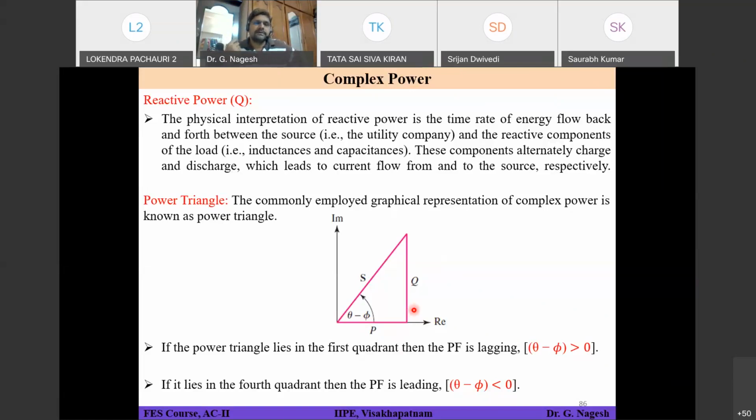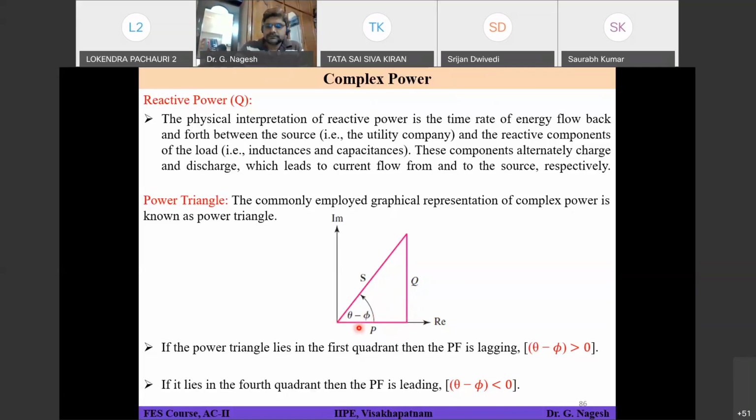One Q will be in the first quadrant, and the other, because of the new element, in the fourth quadrant, so the net reactive power falls to a lower value than the existing Q. In that scenario, I can improve the power factor. So an opposite nature element has to be added in parallel to the existing element. It is as simple as that.